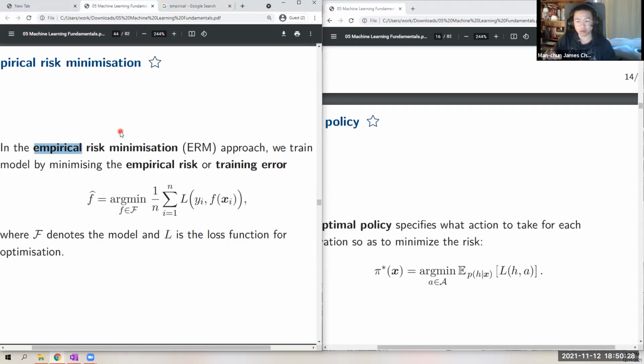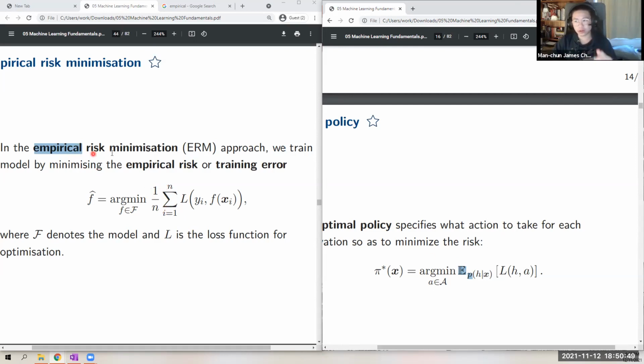The problem is that we don't know what the expectation is. The expectation is basically when you have an infinite number of data points, but we don't. We only have, let's say, 100 data points. So why we call it empirical is that we just take the average over the data set.